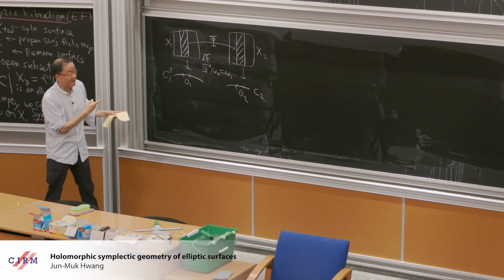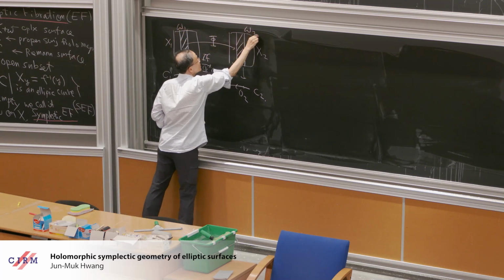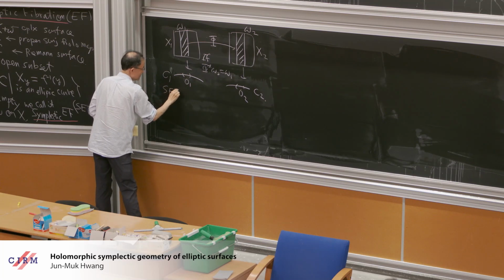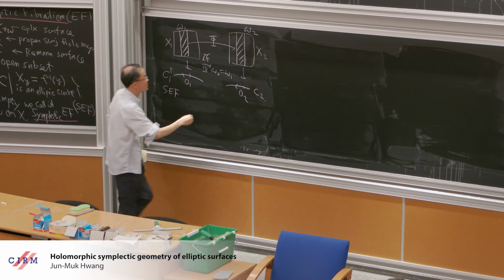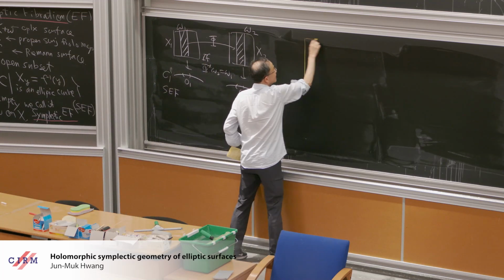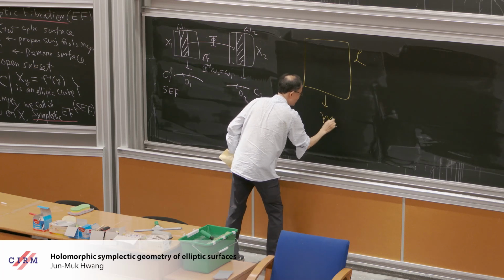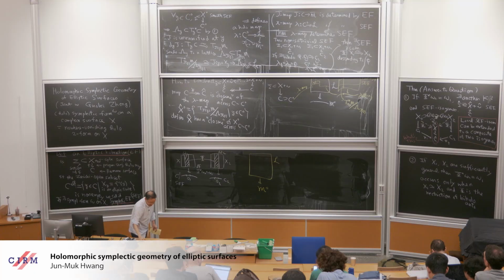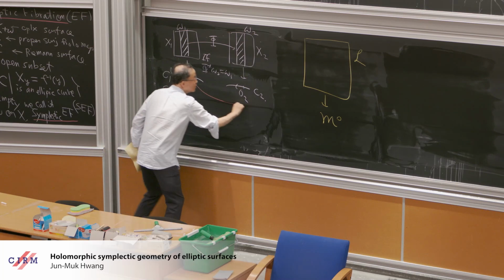Then let's look at what happens. Here's omega 1, and here's omega 2. So these are symplectic elliptic fibrations. Then the lambda map. Here you have L, the bundle of tautological lattices, and you have this lambda map, which sends C1 to something here.